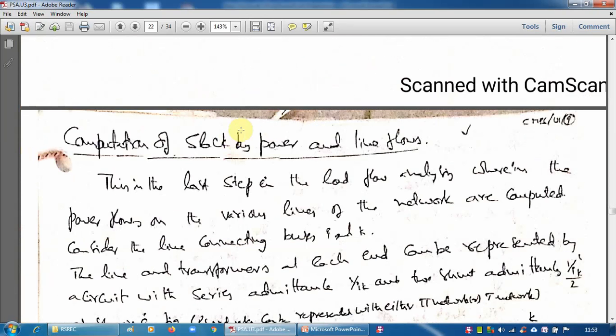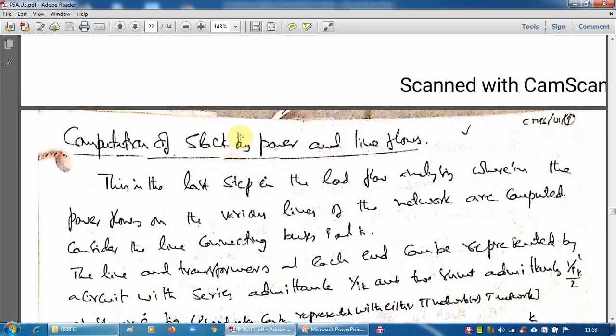Next, there is one more bus called slack bus. In the bus classification we have seen. In the process of iterations, if the slack bus comes, we simply go to the next bus, we omit that bus in the iterative process, and after all the bus quantities are calculated, the iteration process ends.